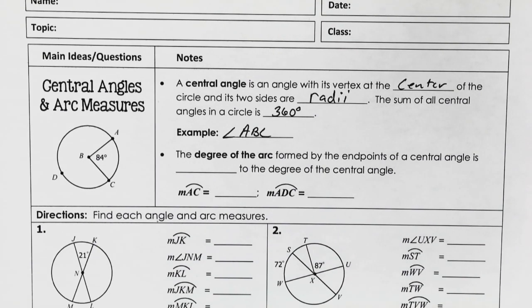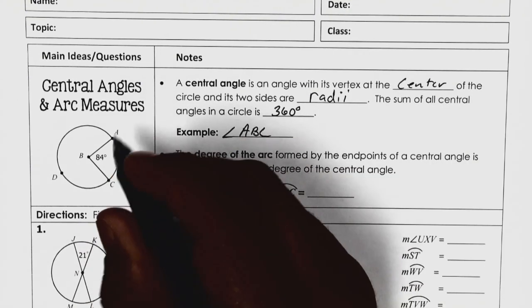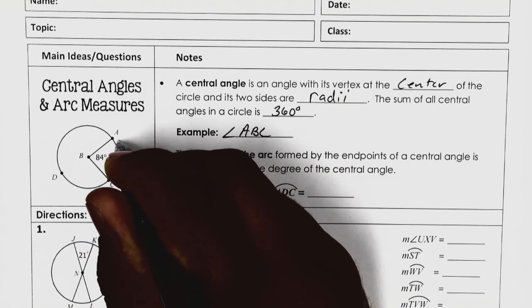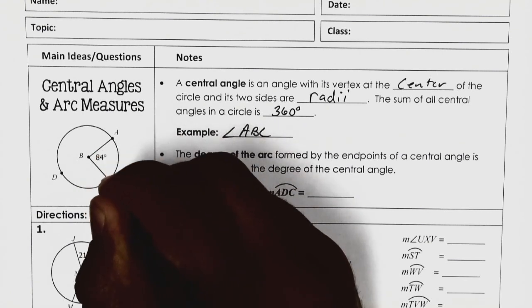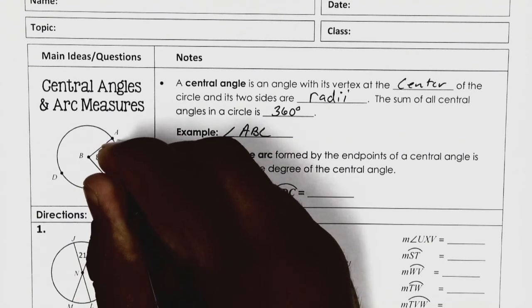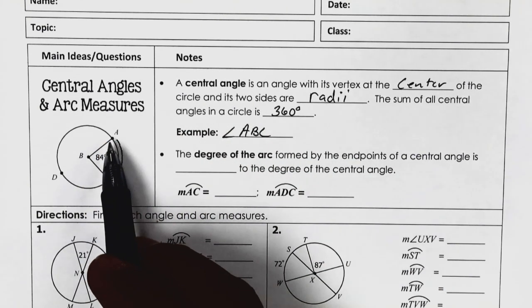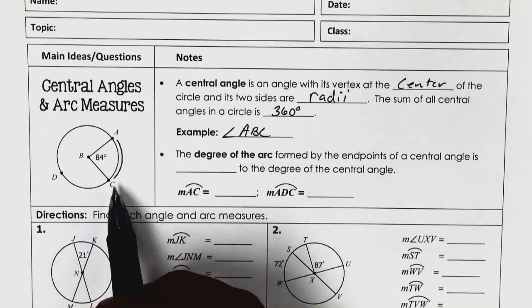Now, what is created by the central angle is known as arcs. Like you have this arc right here from A all the way to C. It's like a portion of the circle.